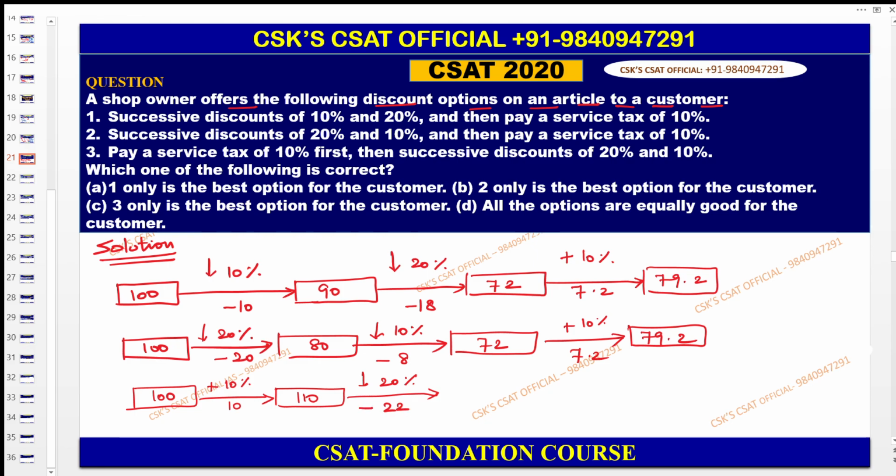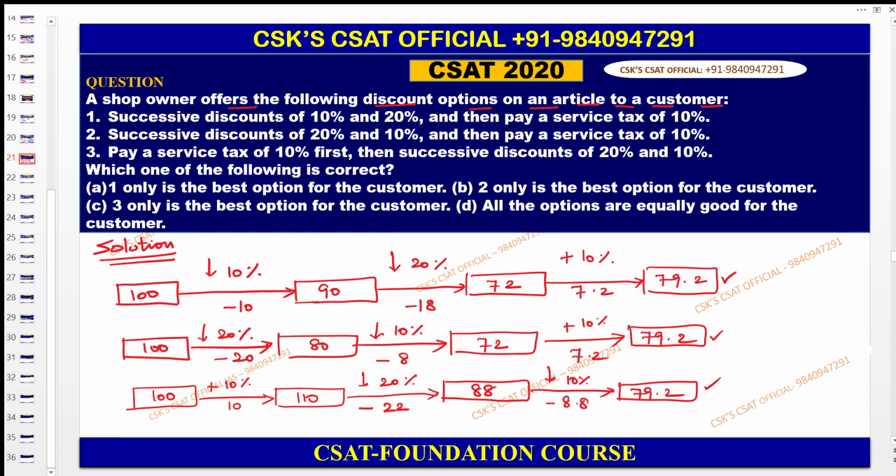Why? 20% of 110 is equal to 22. Subtract this one, then it becomes 88. Then again you are giving a 10% discount, then minus 8.8, subtract, so therefore 79.2. All the final amount is 79.2.